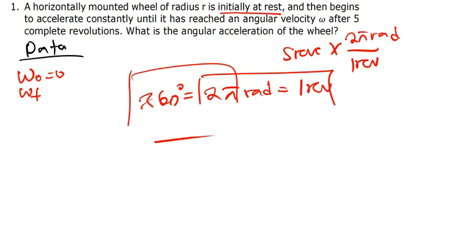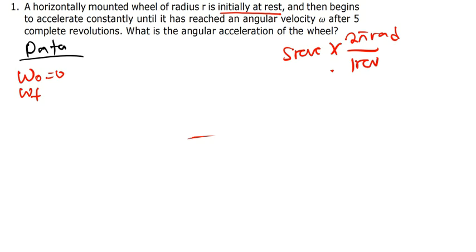Now we can cancel the revolution, and I've got 5 times 2 pi. Using my calculator, 2 pi times 5 gives me 31.42.